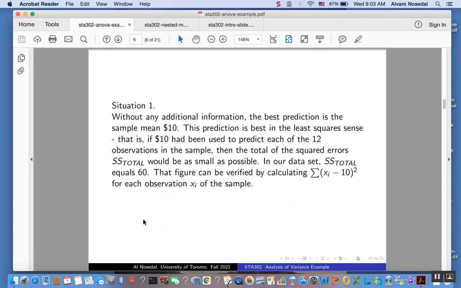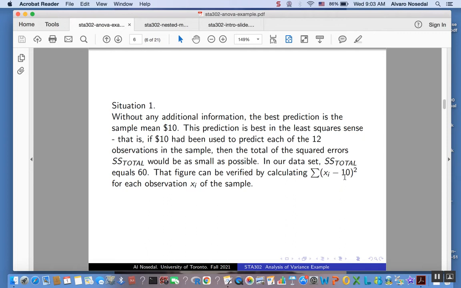And we can show that it's a good idea, because the sample mean is going to minimize the squared distance between what we observed and what we predicted. And we're going to see that that agrees with our idea of the least squares estimate.